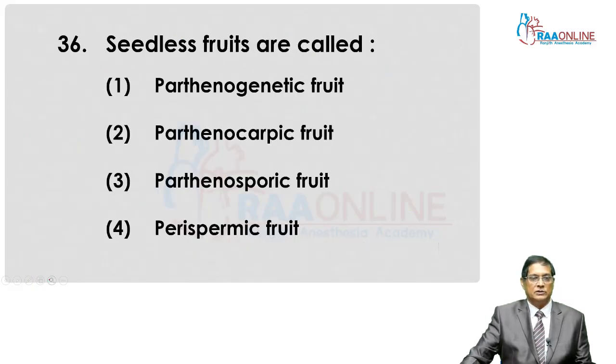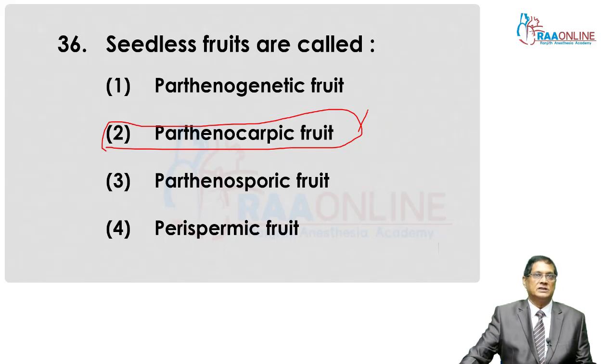Seedless fruit, parthenocarpic. Direct question, parthenocarpic fruits are seedless fruits, and the development of seedless fruit is known as parthenocarpy. And one hormone that is concerned with parthenocarpy is auxin.